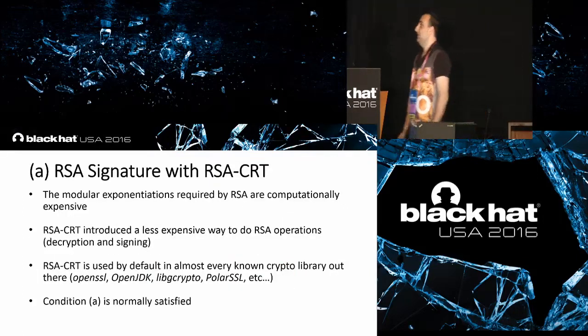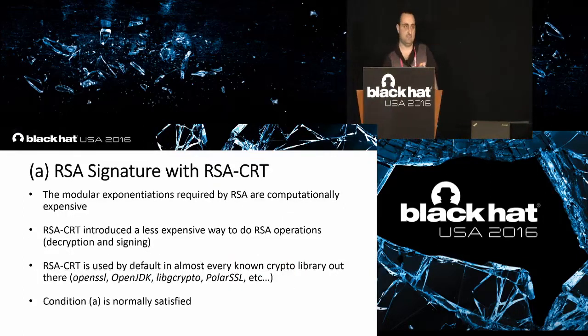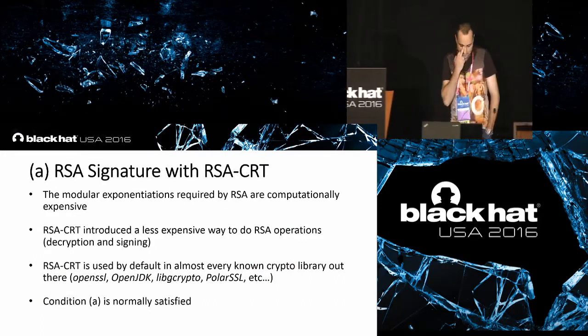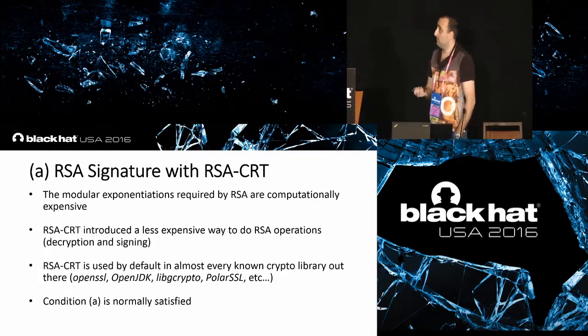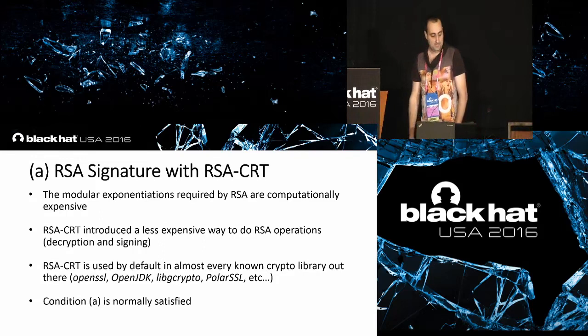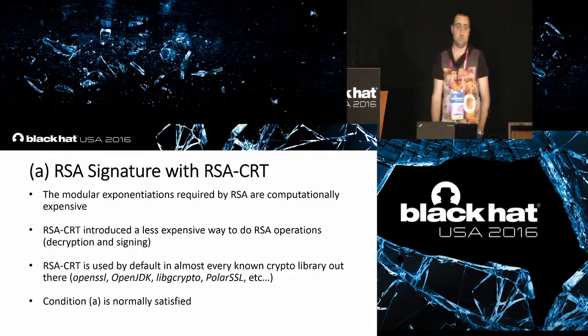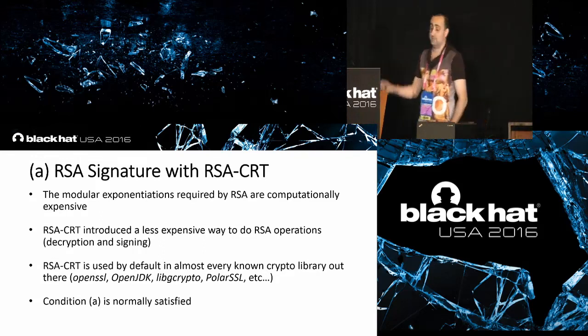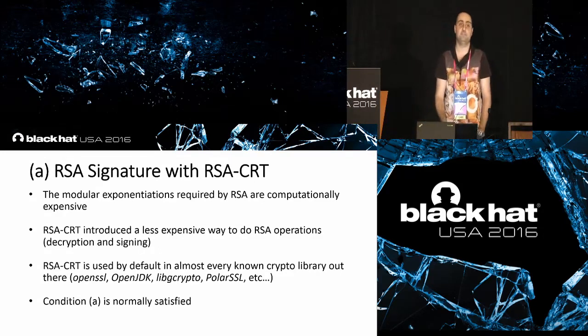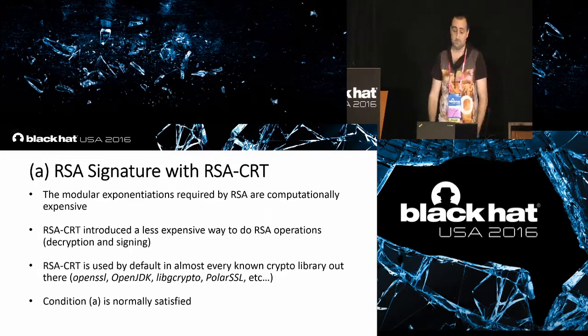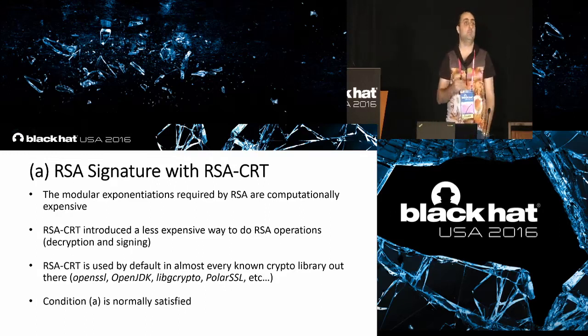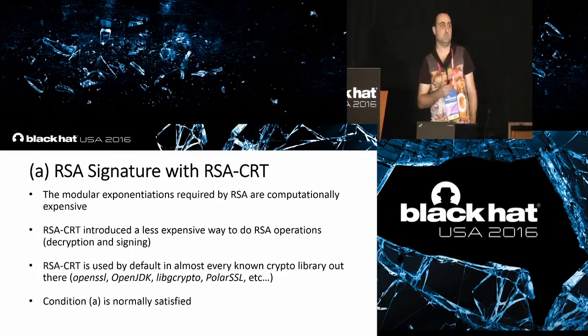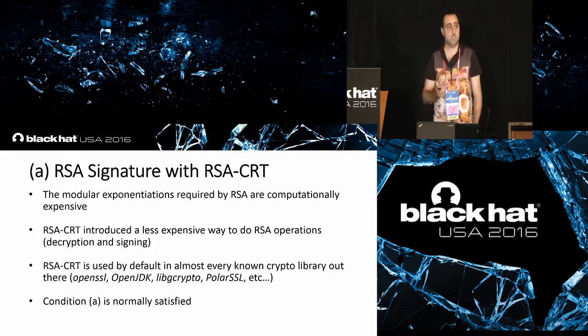Let's dig a little bit into the prerequisites of this attack. Firstly, we require an RSA signature calculated using RSA CRT. As I told you, RSA CRT is an optimization for the calculation of digital signatures, because the exponentiation operation of RSA is computationally heavy, especially when we use the private key.